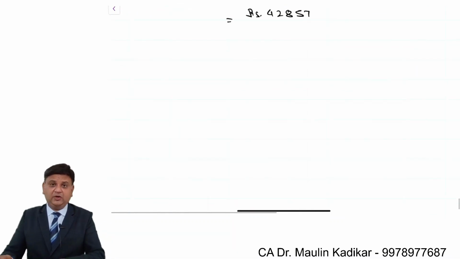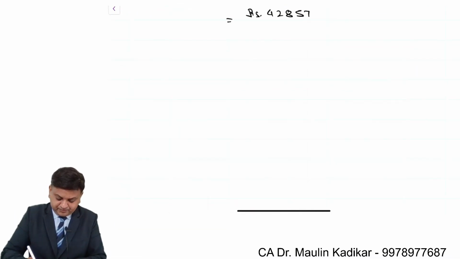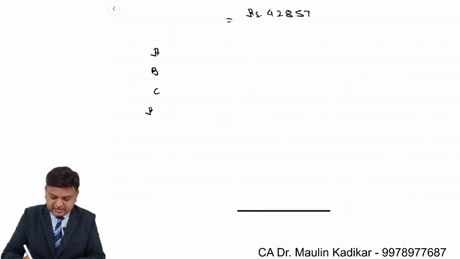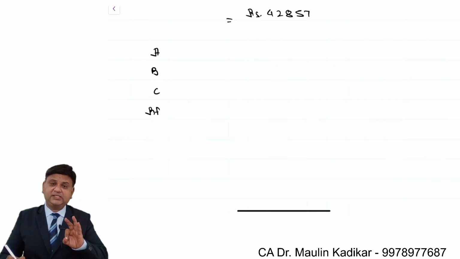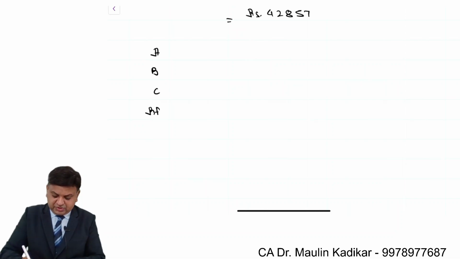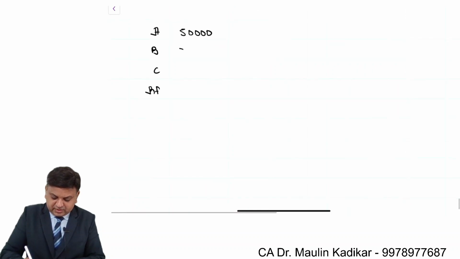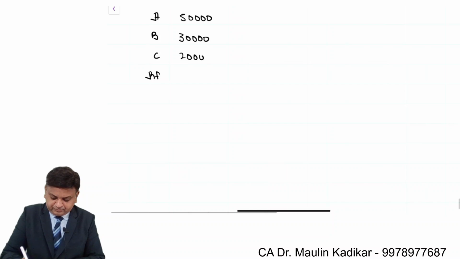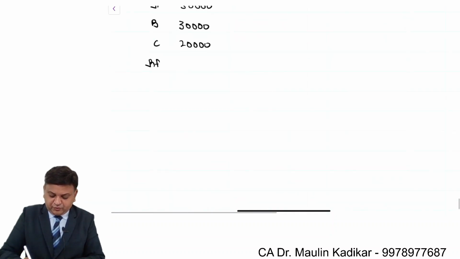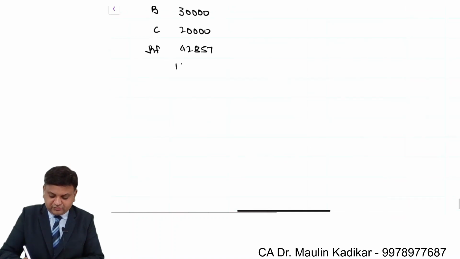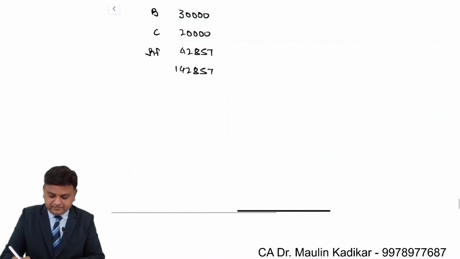Again friends, over here you can logically understand like this. It is A, B, C and RF. The existing investment this time does not change. It is going to be 50,000, 30,000, 20,000. Then 42,857. So the total is 142,857.